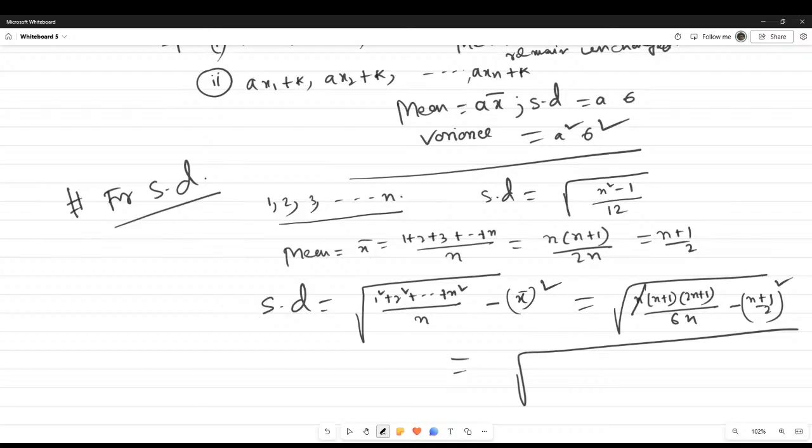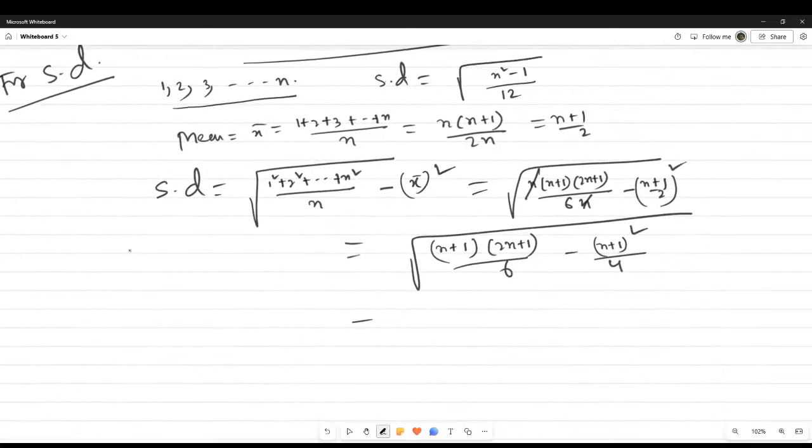So n gets cancelled: n plus 1 into 2n plus 1 by 6 minus n plus 1 whole square by 4. Take n plus 1 by 12 common.